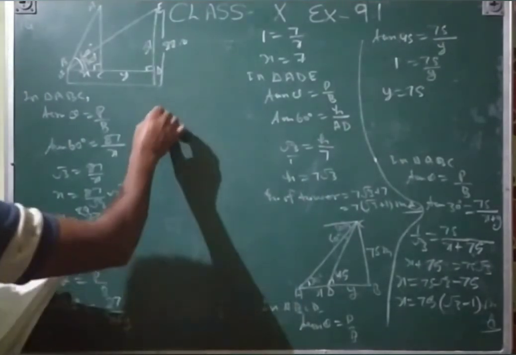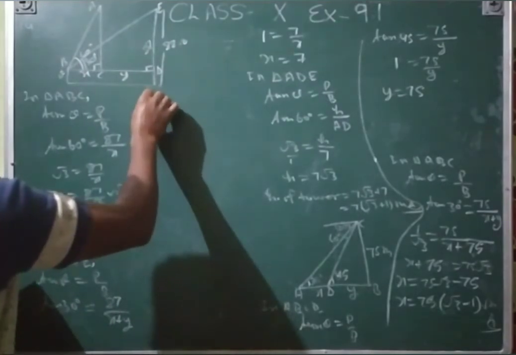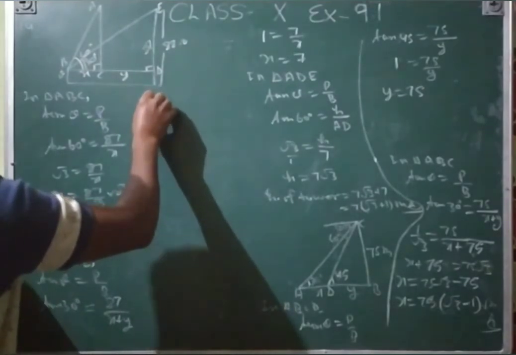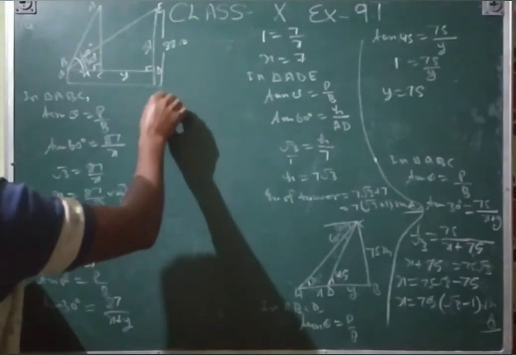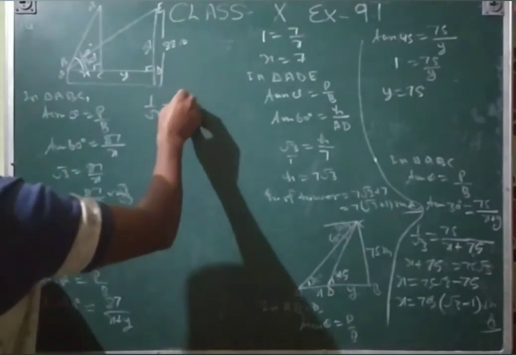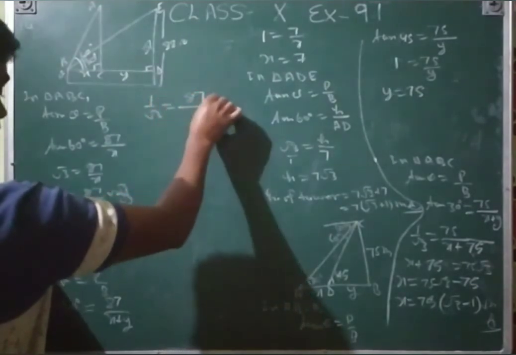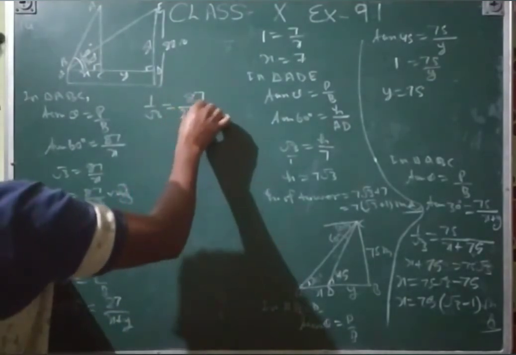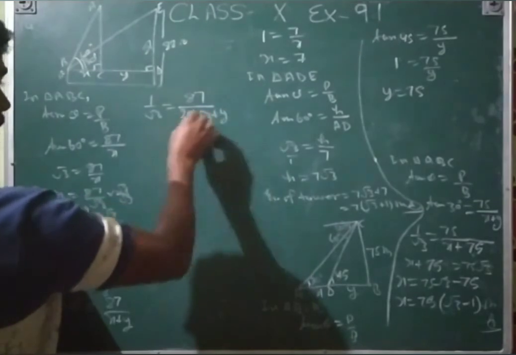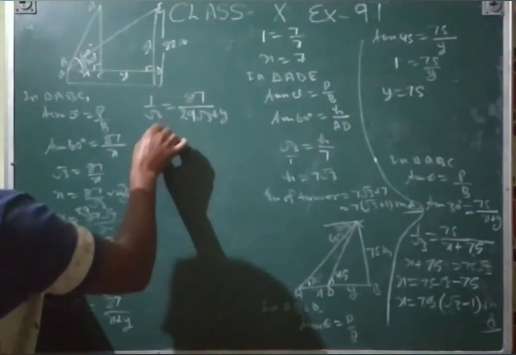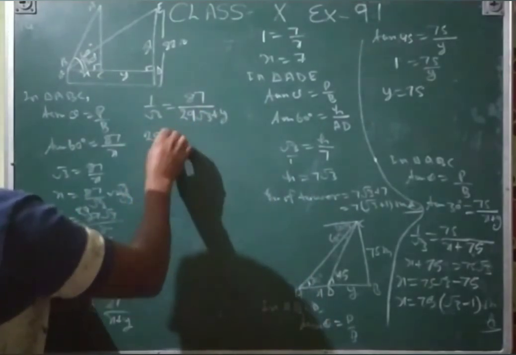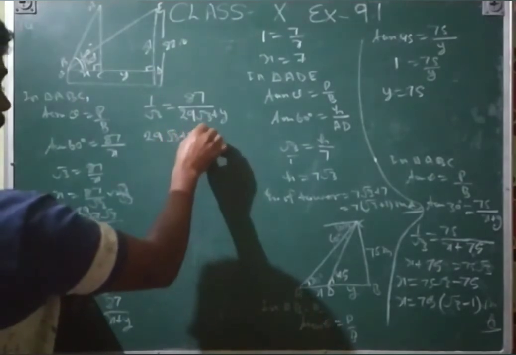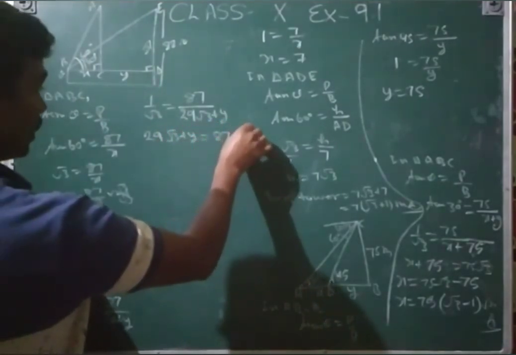So the tan 60 value is under root 3, and tan 60 is 1 upon under root 3 equal to 87 upon x value, which we have already found here, 29 under root 3 plus y. By cross multiplying, 29 under root 3 plus y is equal to 87 under root 3.